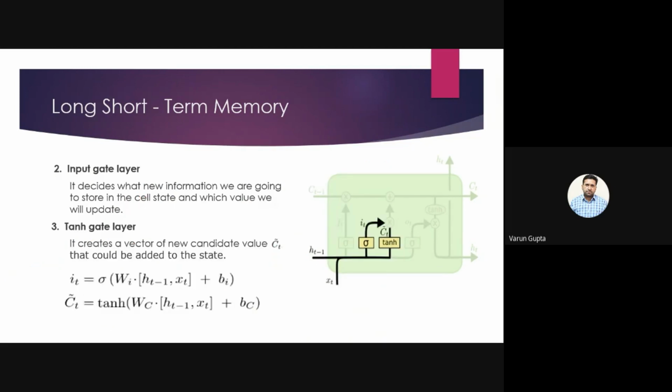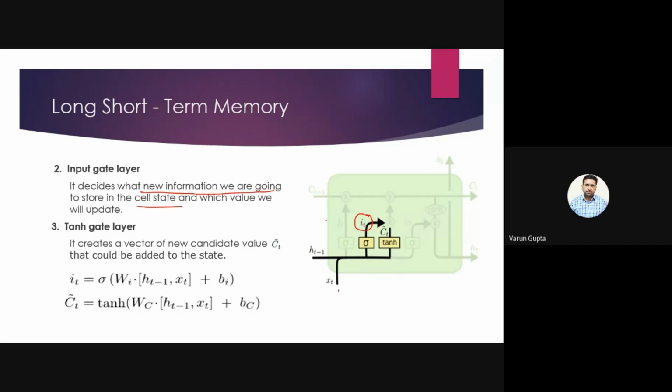Now the second gate, which we normally also call the update gate. Here we have the input and the previous hidden state, and we apply some nonlinear function to get this input thing, which we call the input gate. It decides what new information we are going to store in the cell state, and how much new input we are going to consider.